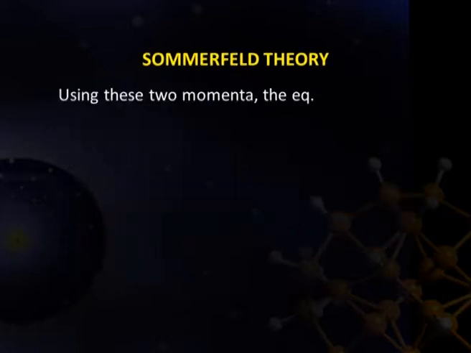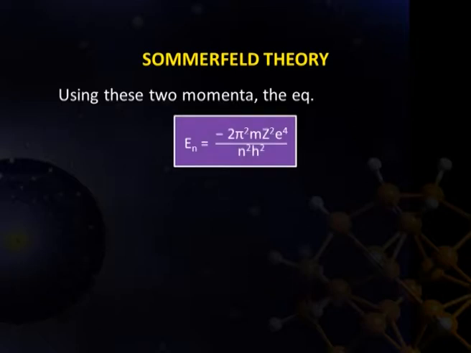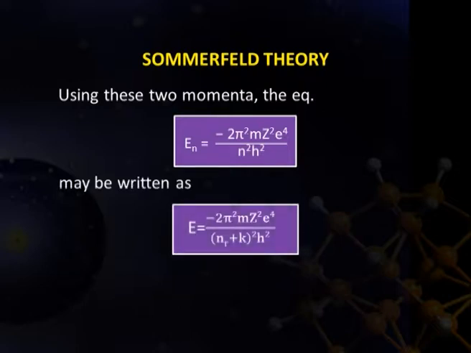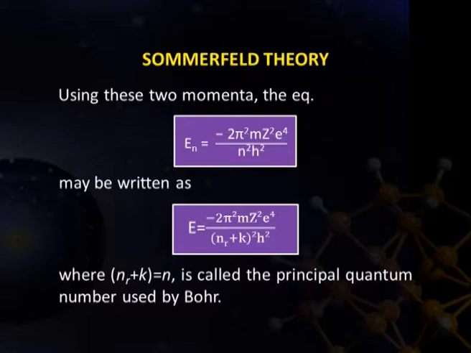Using these two momenta, the equation E n is equal to minus 2 pi square m z square e 4 upon n square h square may be written as E is equal to minus 2 pi square m z square e 4 upon (n r plus k) square into h square, where n r plus k is equal to n, called the principal quantum number used by Bohr.